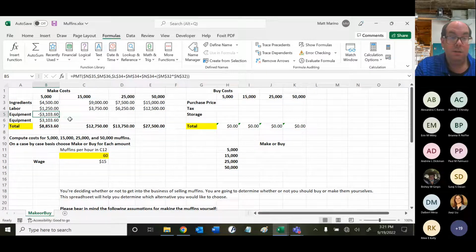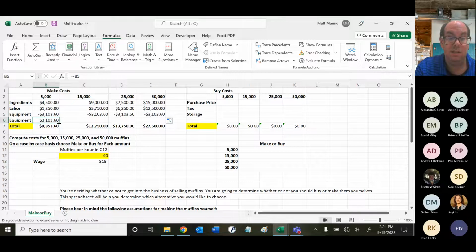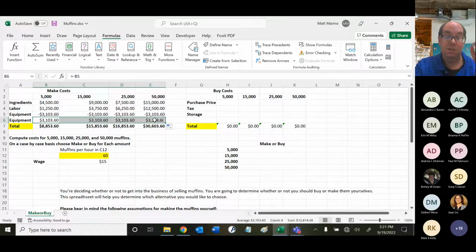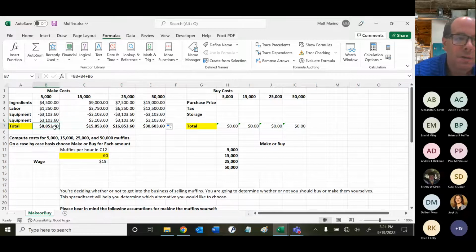Okay. So back into cell B5, you can autofill that across. It's the same for all of them. And then for B6, you can also do the same. Autofill them across. It's the same for all of them. So to make 5,000 muffins, it's going to cost us a little under $9,000. It's almost twice as much.